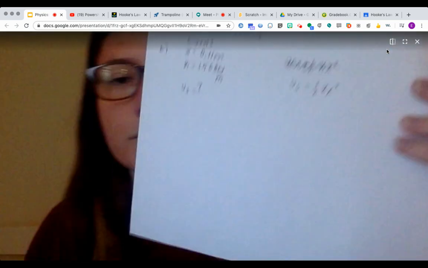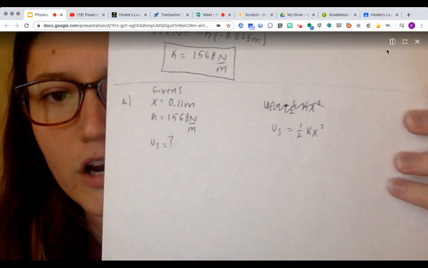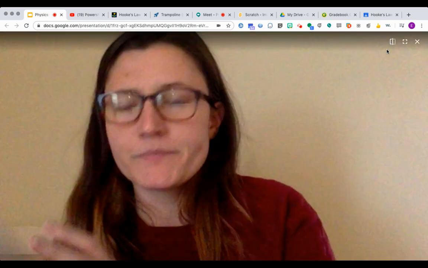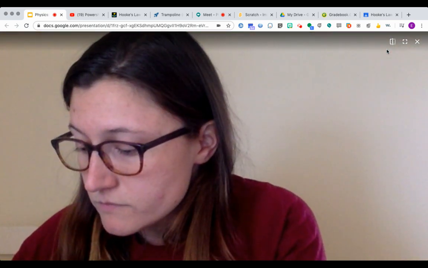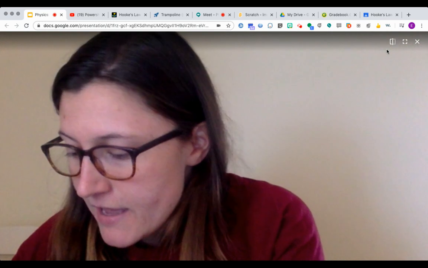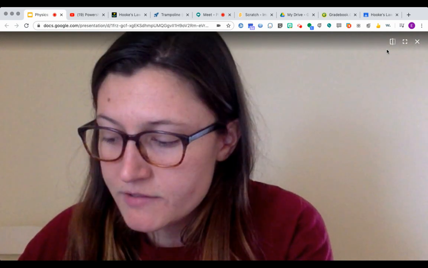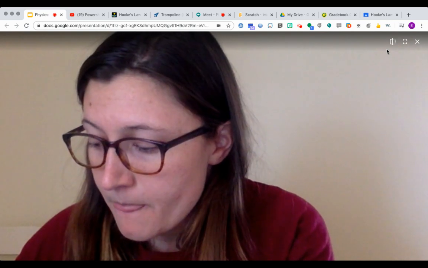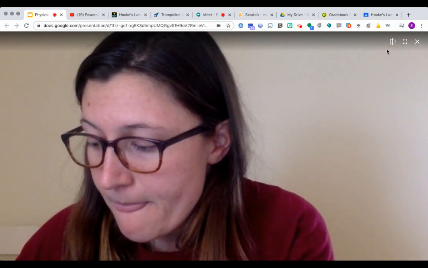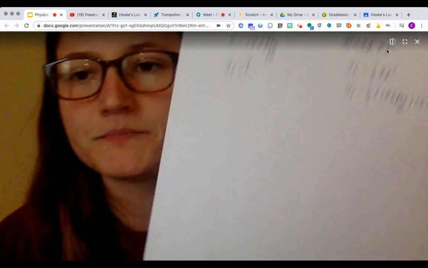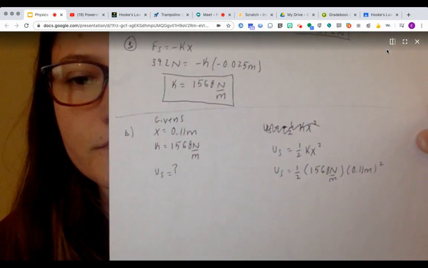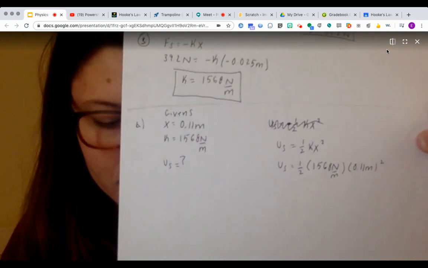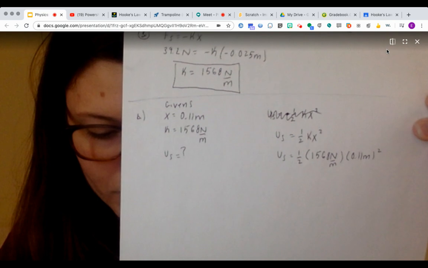We're going to plug in for our k and our x value and solve for U sub S, the elastic potential energy. So I have 1/2 times 1,568 newtons per meter times 0.11 meters squared. First thing that I need to do in my calculator is type in that displacement, 0.11 squared.